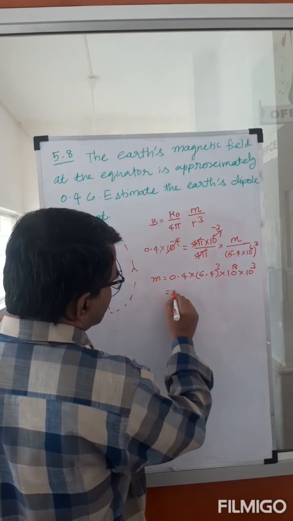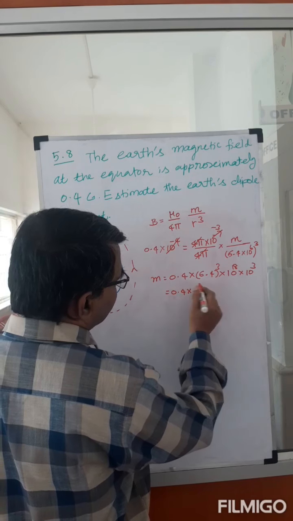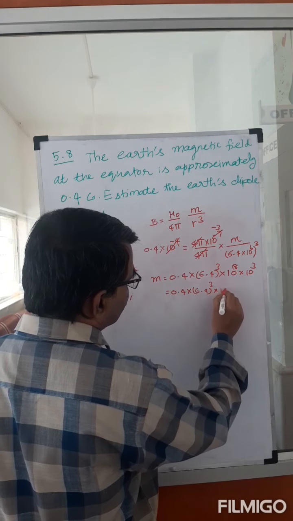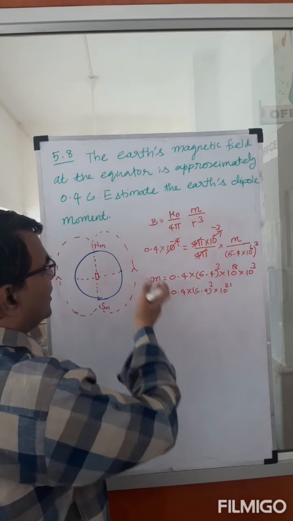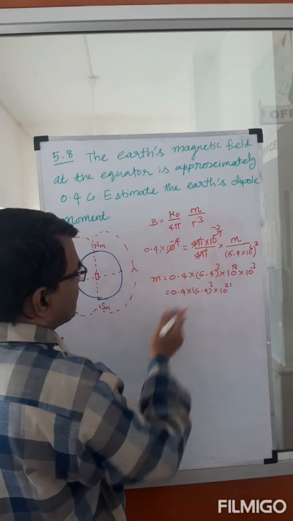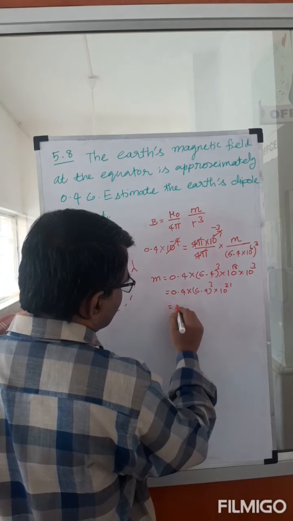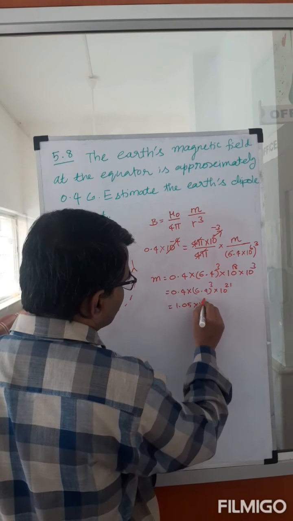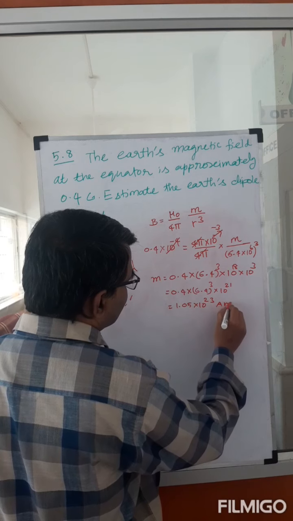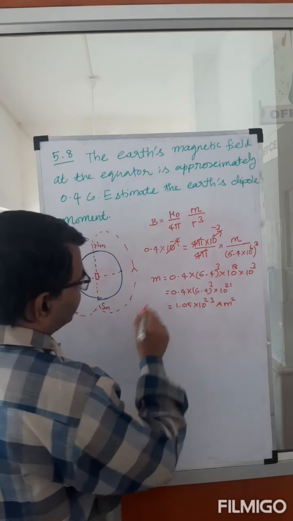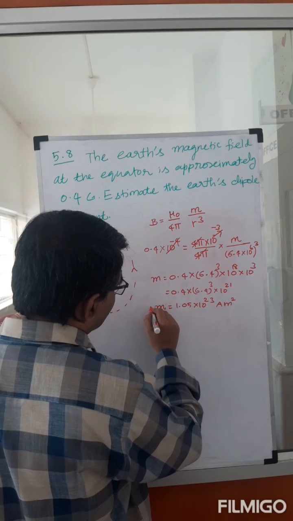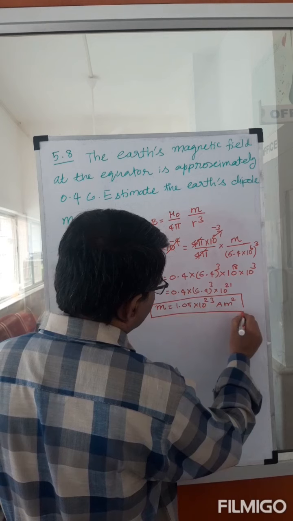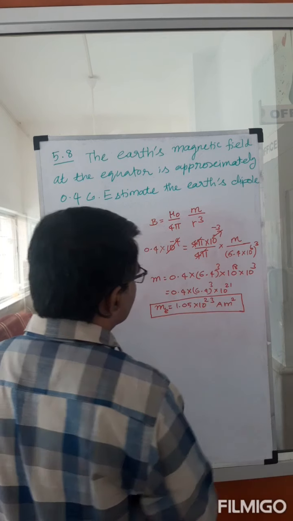So that gives me 0.4 into 6.4 the whole cube into 10 to the power 21. If I multiply these terms, I get approximately 1.05 into 10 power 23 ampere meter squared. So that is my magnetic dipole moment.